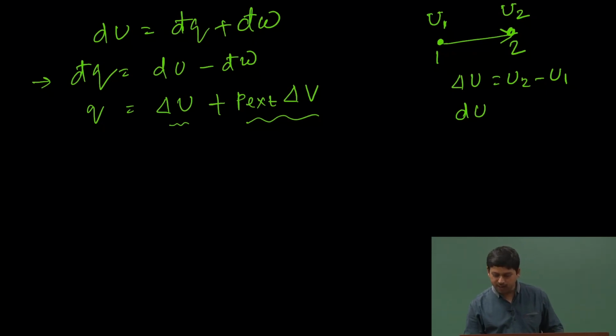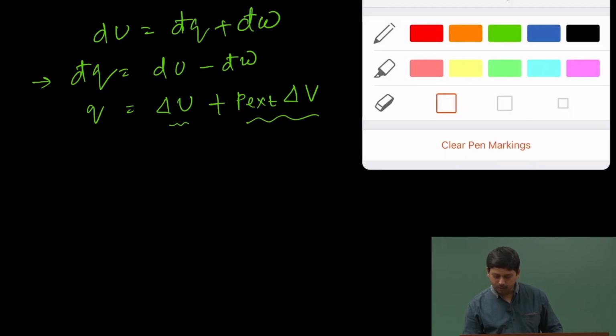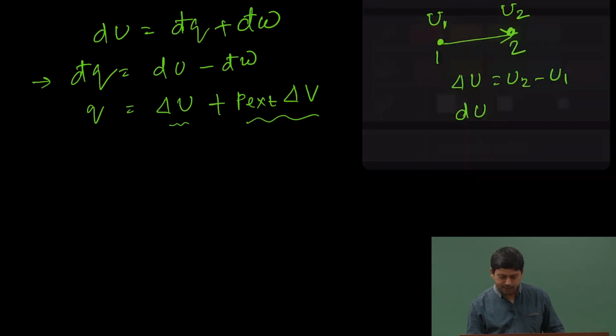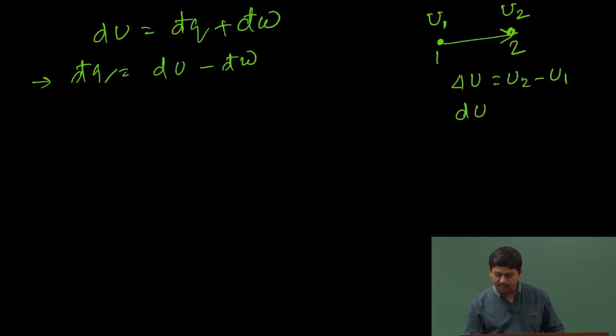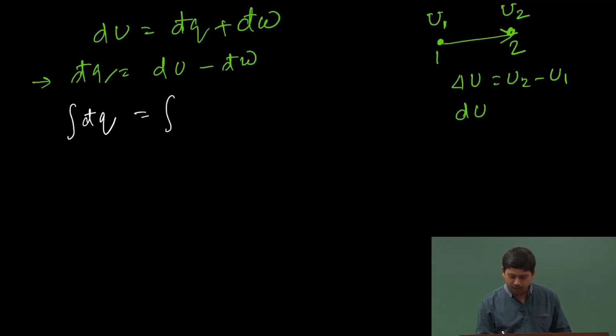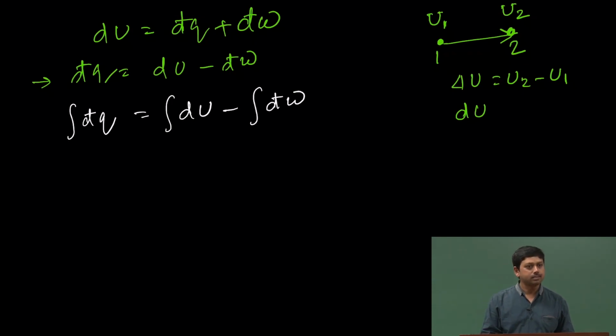Actually, what I should have done, I will tell you, I should have written this way. Going from that step to the next step, I should have done this: integration of dq equal to integration of dU minus integration of dw, correct? That should have been the case, going from 1 to 2.